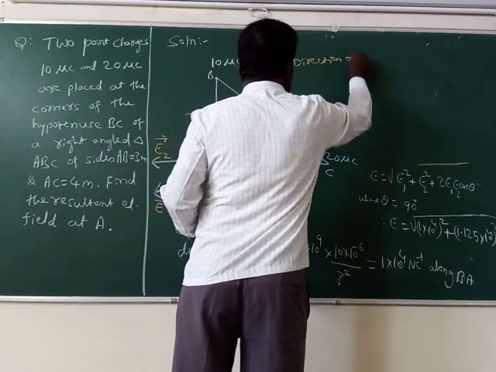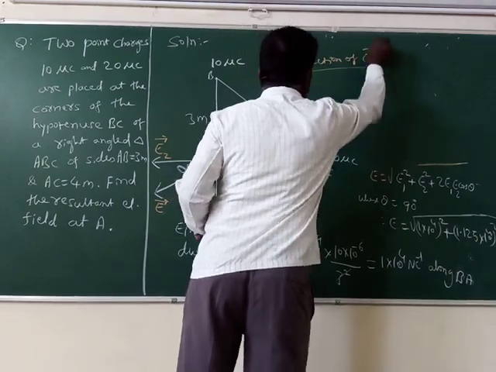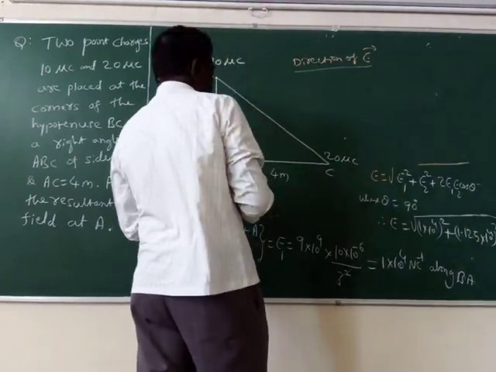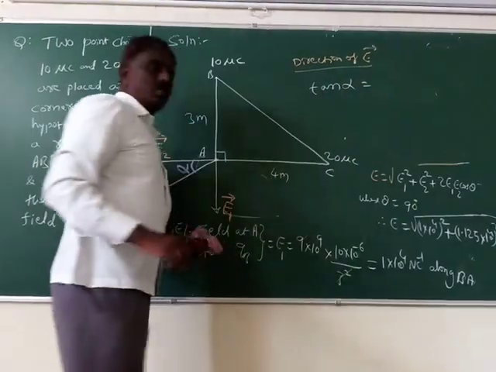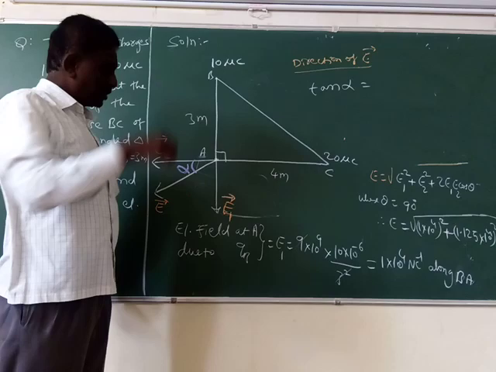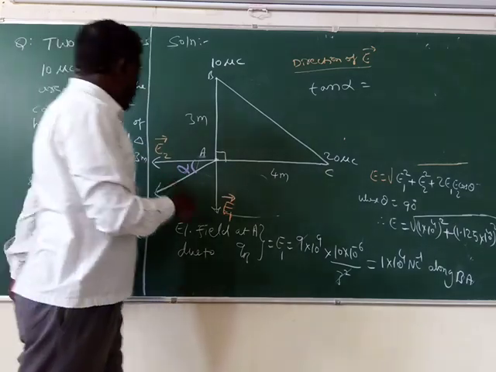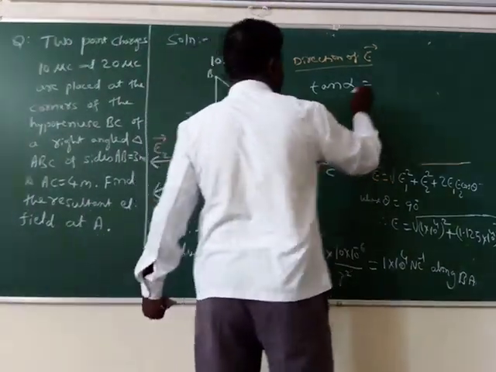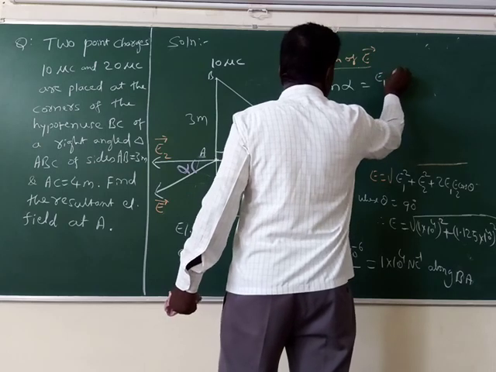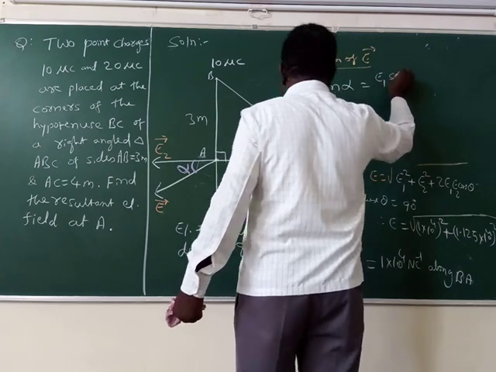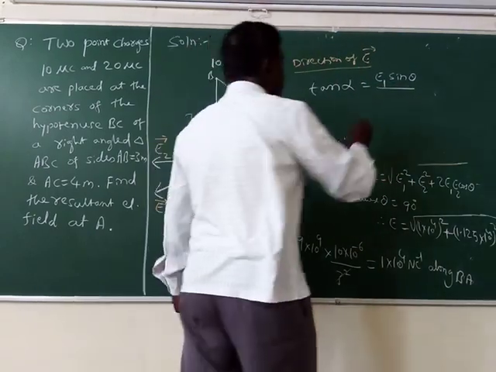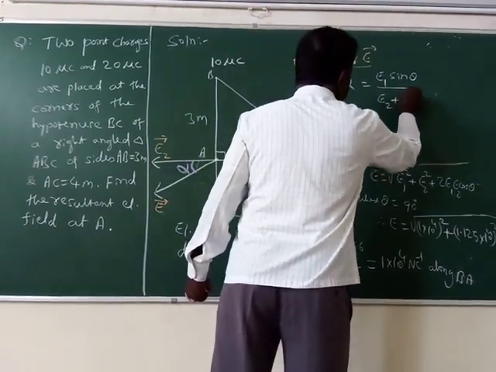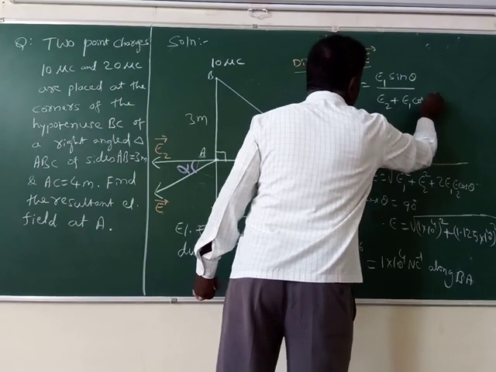Direction of E. Using the formula tan alpha is equal to E1 sin theta divided by E2 plus E1 cos theta.